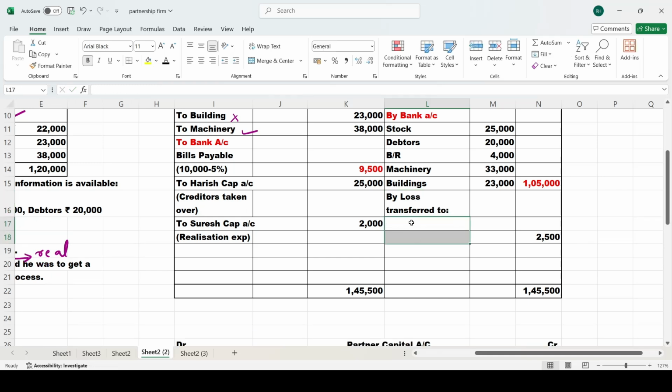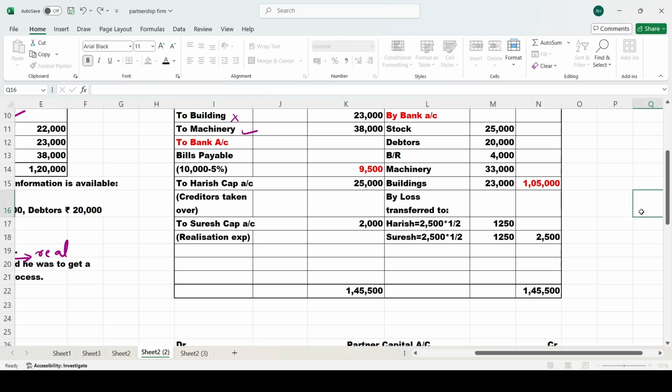First person is Harish. They are sharing equally, right? So Harish equals 2,500 into 1 by 2, which comes to 1,250. Suresh equals 2,500 into 1 by 2, again which comes to 1,250.